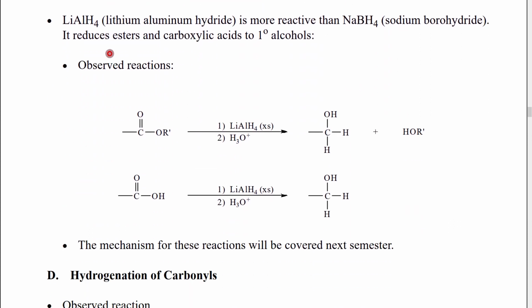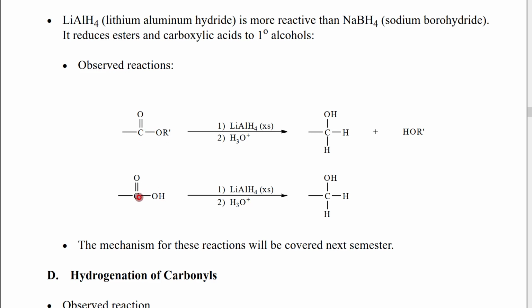One of the consequences of lithium aluminum hydride being more reactive than sodium borohydride is that lithium aluminum hydride will react with higher oxidation state carbonyl substances like esters and carboxylic acids, and we're going to say later even amides, although the outcome is dramatically different.